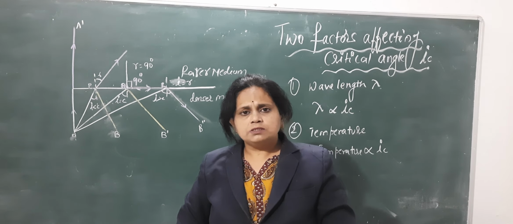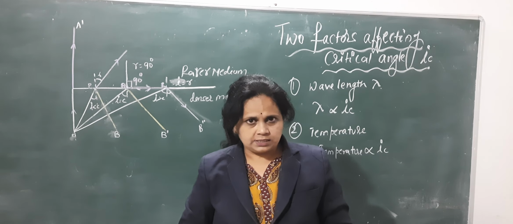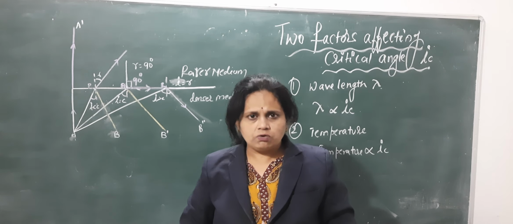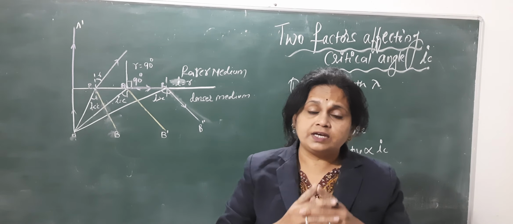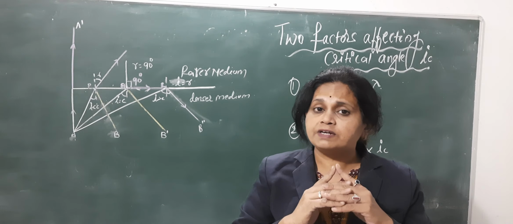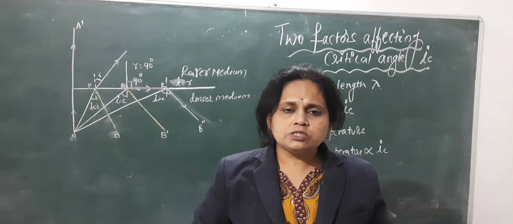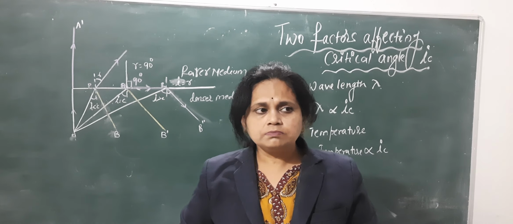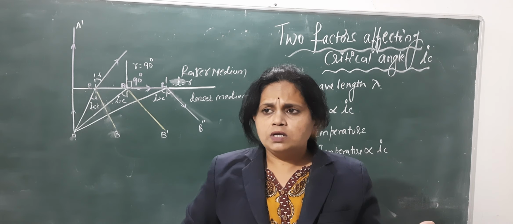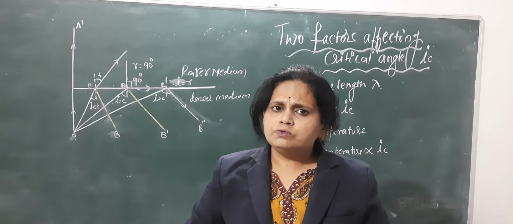Then the question comes, Miss, why should we understand all these things? What is the application of all this? Definitely there is a very important and effective application of total internal reflection. In periscopes we use mirrors, in solar cookers we use mirrors. What for do we use plain mirrors?